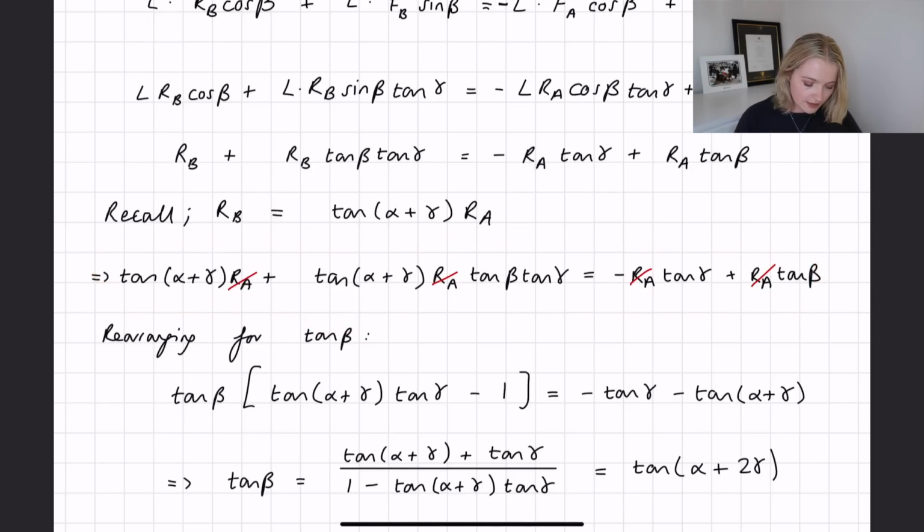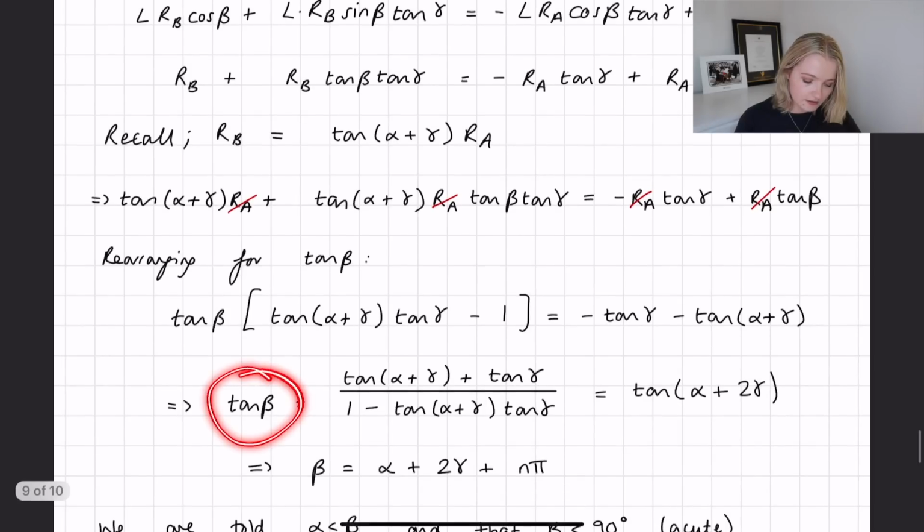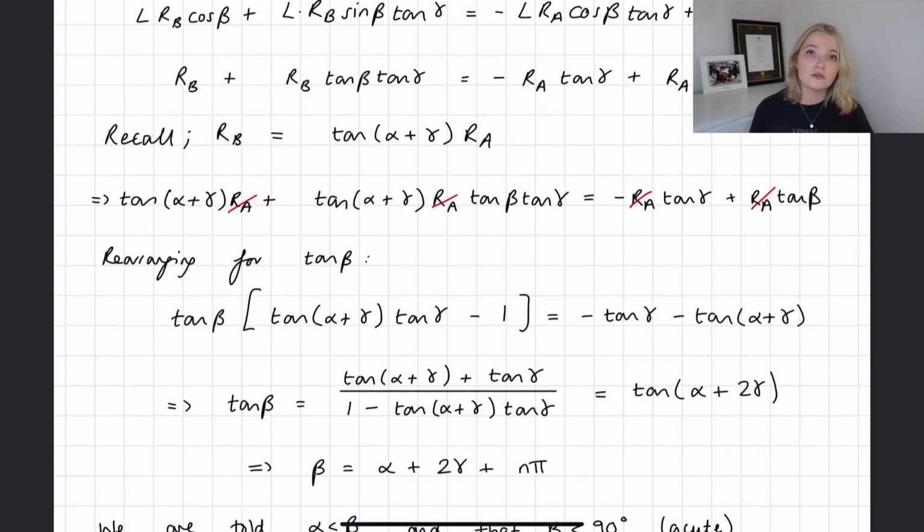And when we do that we find that tan beta is given by this funky little formula here, but again by remembering the double angle formula for tan, this funky little equation here can be written as this here. And so what we find is tan beta equals tan of alpha plus 2 gamma.